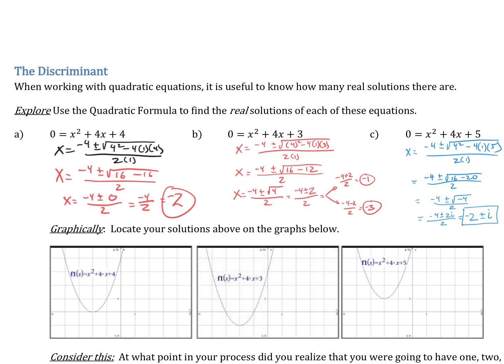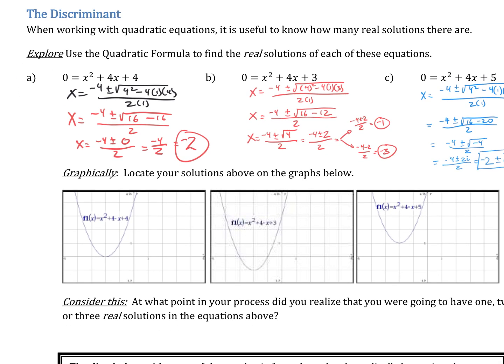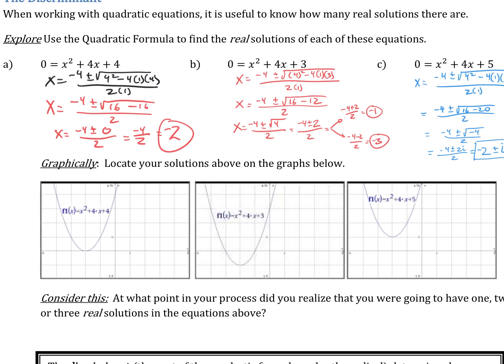It's a complex number. So let's connect that to our graphs here. So here are the graphs of those equations. Notice that when x is negative 2, we have our x-intercept there, because when x is negative 2, this equation becomes 0. When x is negative 3 or x is negative 1, we get zeros, or x-intercepts, there.